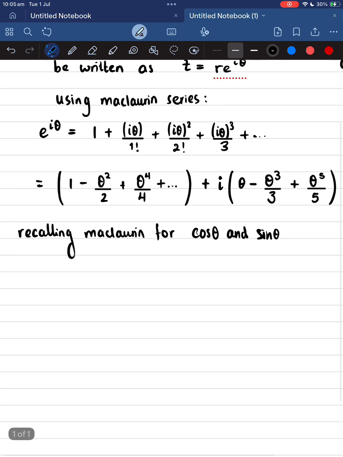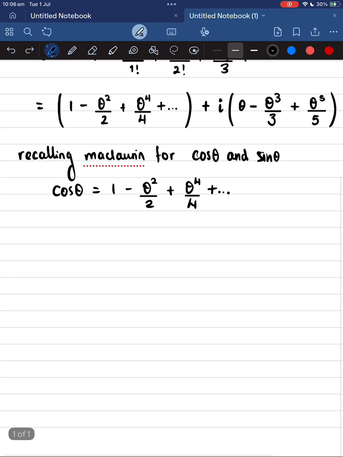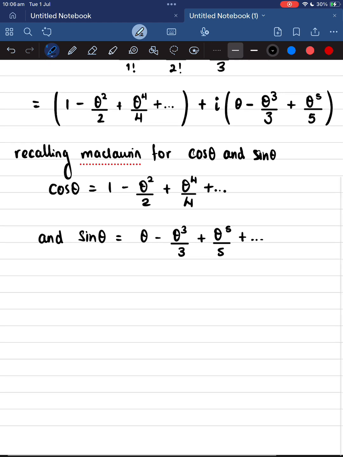So we get that the real part of our complex number is cosine theta. And this is just purely by comparing the Maclaurin series expansion for both of them. And then if we do the same for sine theta, it turns out that sine theta is just the imaginary part of our complex number. And again, just by comparing Maclaurin series, we see this.